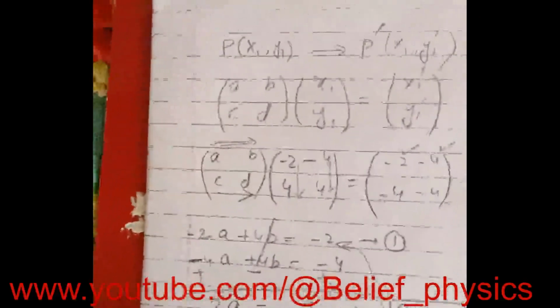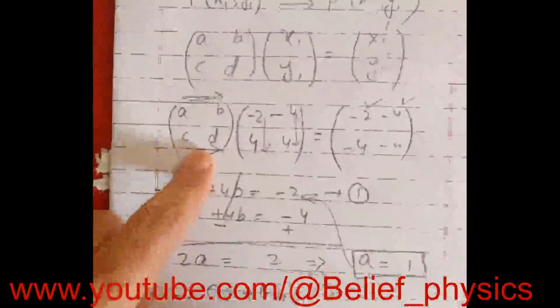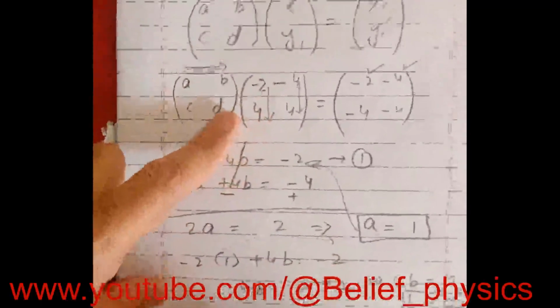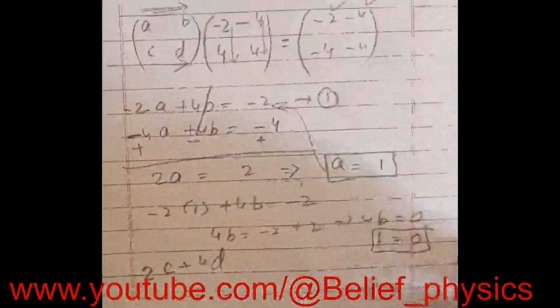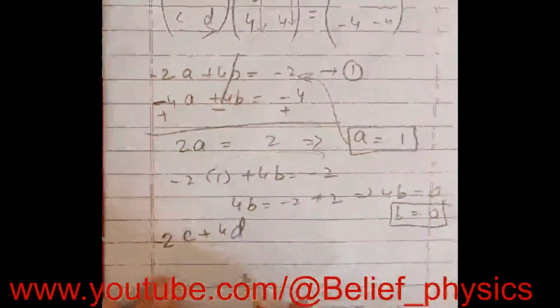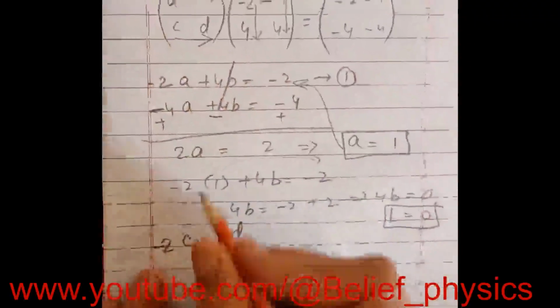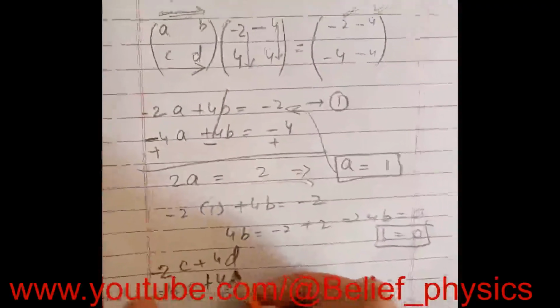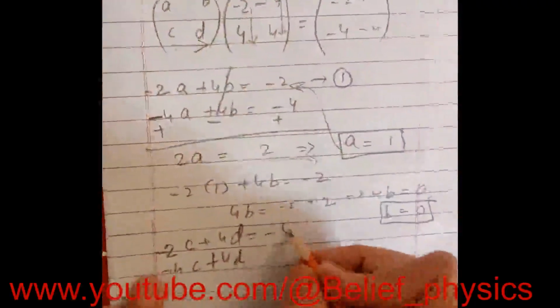Look here. We multiply the first row with the first column: -2c plus 4d, and then -4c plus 4d, and these are equal to -4 and -4.